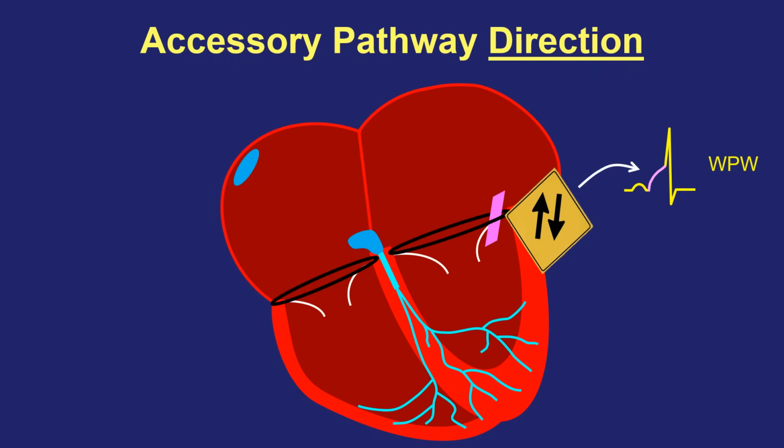As you get into the more adult population, you're more likely to see pathways that conduct only in the backward direction.